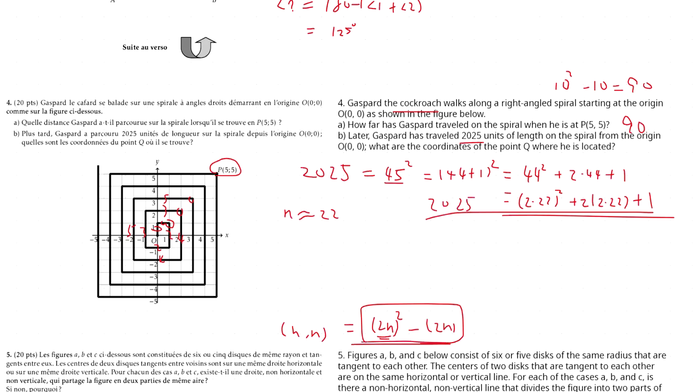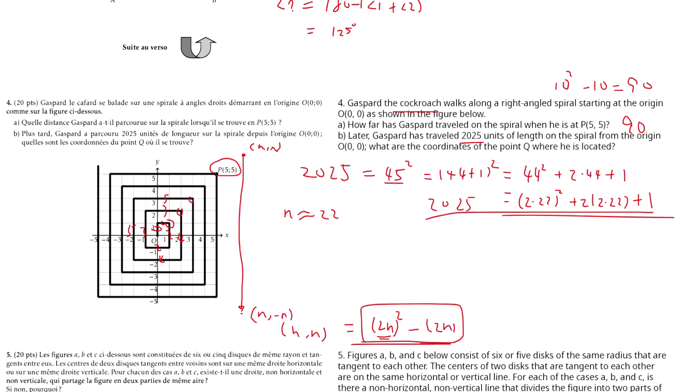So now think about the point (n, n). And here we need to travel 2n squared minus 2n steps. If it goes down further to a point with the coordinate (n, minus n), horizontally it's still n, vertically it's 2 times n.